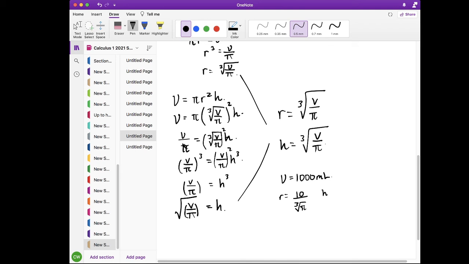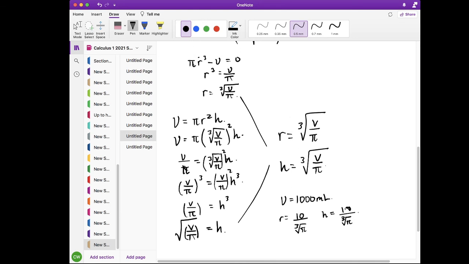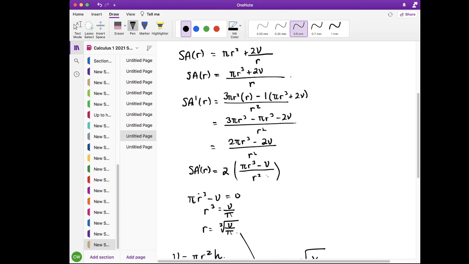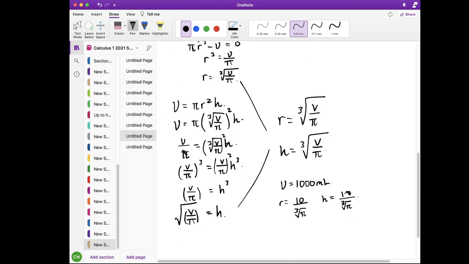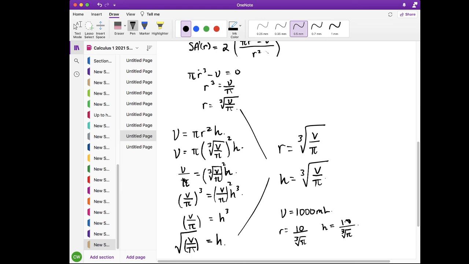And h is equal to 10 over cube root of pi. So you want your radius and height to be the same. So any questions about that? So maybe it's a bit harder because there's a v in here, but if you just treat it as a constant, then it's fine. Okay, so any questions on this one?